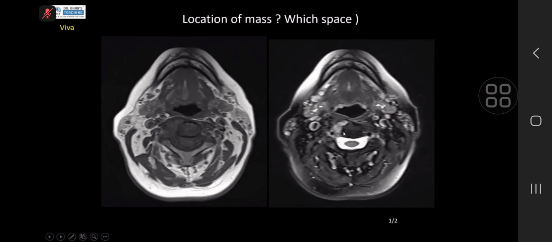I think this is in the prevertebral space. Why do you say that? Because the prevertebral muscles are displaced anteriorly. Excellent. So if you see here, this is the prevertebral muscle and this is the prevertebral muscle. This is sitting here, so this is a mass arising from the vertebra itself, and it is displacing it anteriorly. But if it was in the retropharyngeal space, it would have displaced the muscle posteriorly.